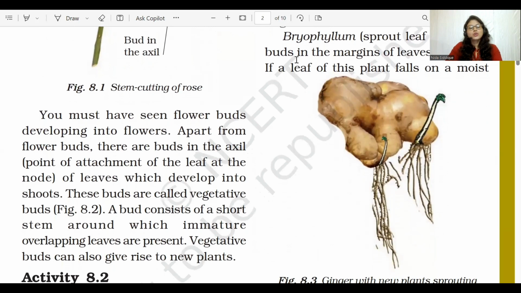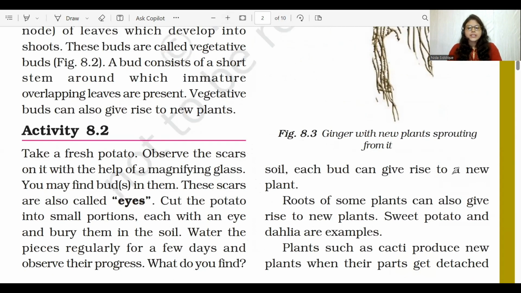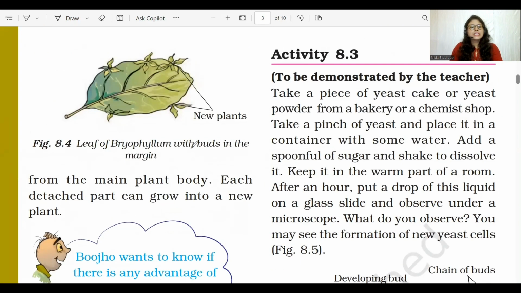Now let's talk about another example. Bryophyllum, this is another kind of plant. It has buds in the margin of the leaves. If a leaf of this plant falls on moist soil, moist meaning it is not too wet nor too dry, each bud can give rise to a new plant. Let's look at the picture of this plant and understand this. So this is the leaf of Bryophyllum.